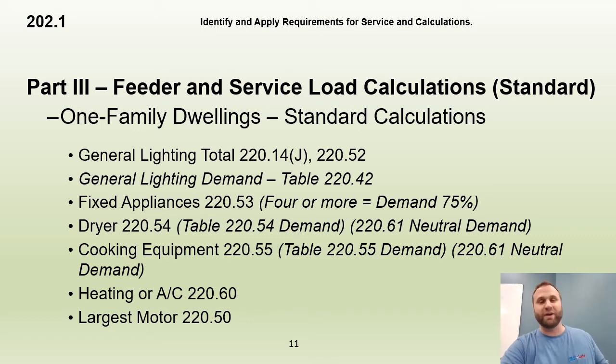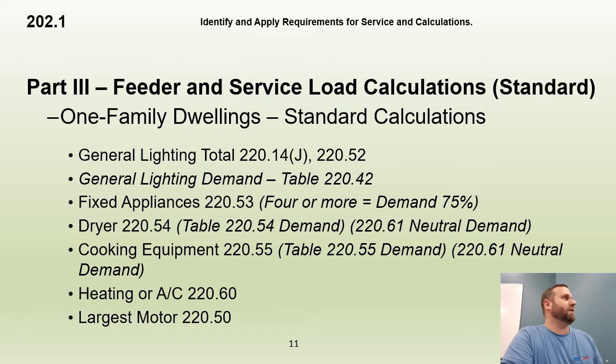And then we include the rest of the motors at 100%. So what 220.50 is basically there for is as a reminder: hey, don't forget you need to add 25% to the largest motor on your service because 430.24 says so.